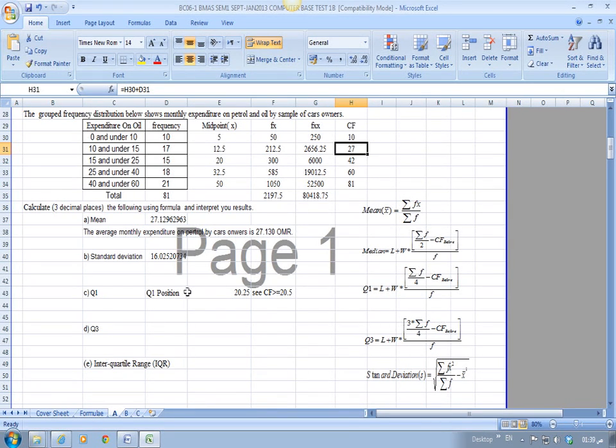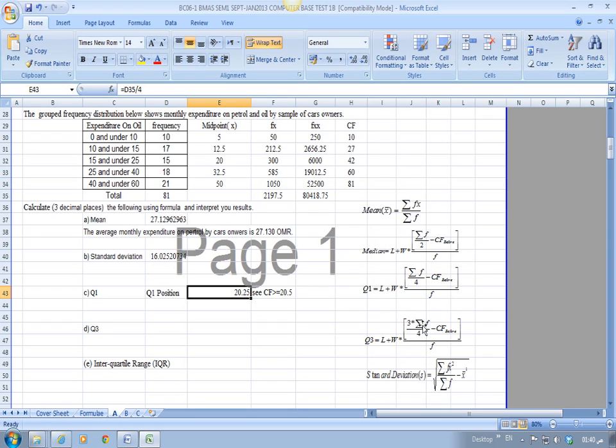Now according to the position, because the question is Q1, we want to find Q1. We said Q1 position is equal to sigma f divided by 4. The first part is the position: for the median, the position is divided by 2, and for Q1, the first quarter, we divide by 4.